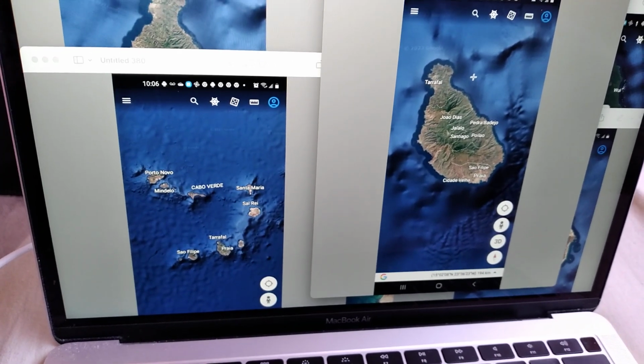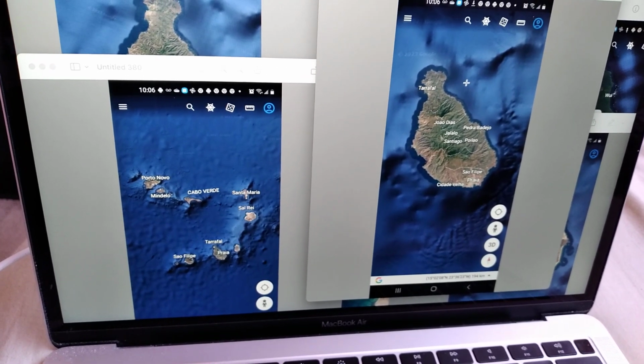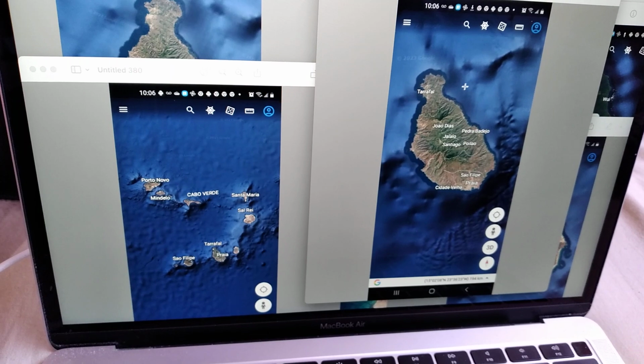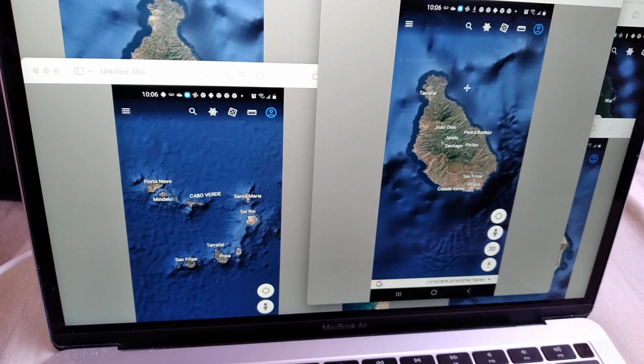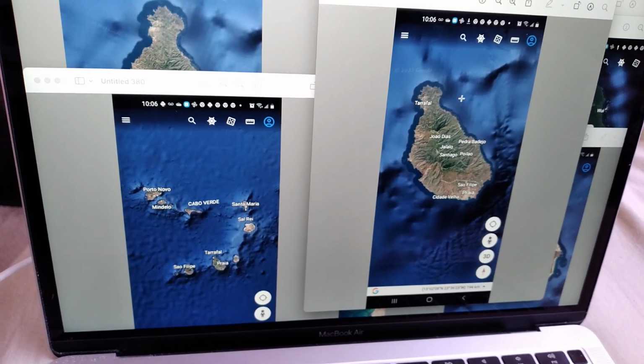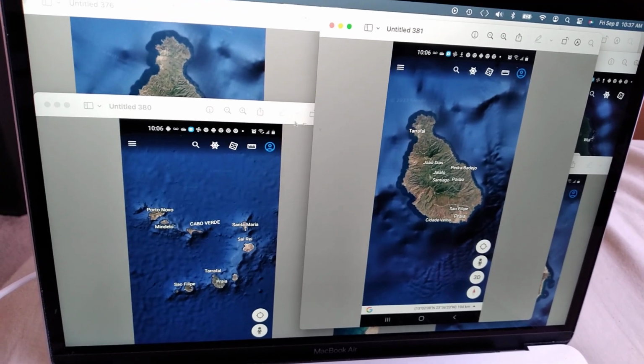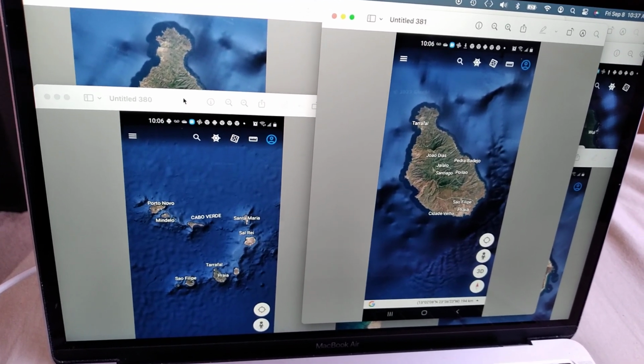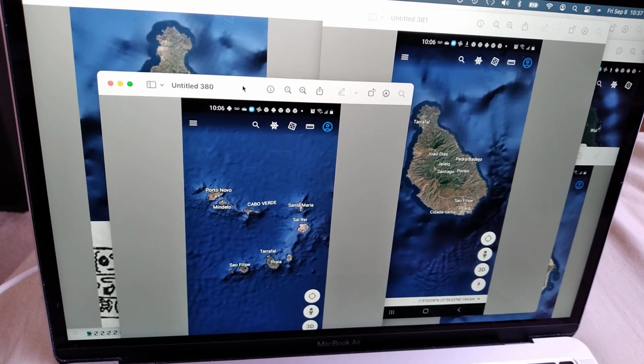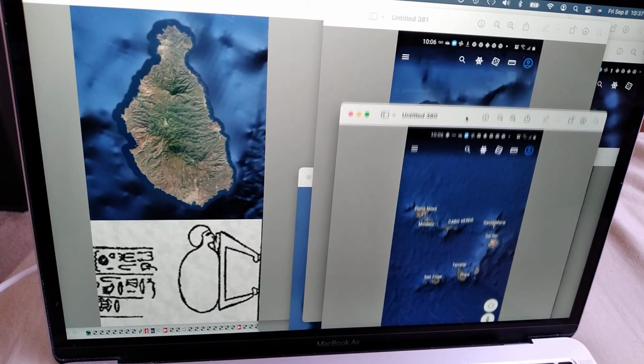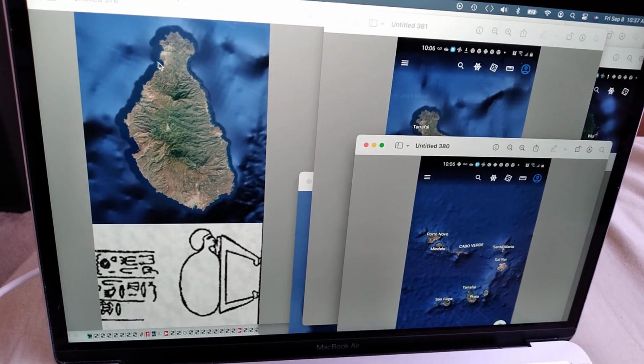So yeah, Tarrafal. I think maybe Tarrafal is the name of it. But I don't know. I wish Google Earth would be clearer about what's the name of the island and what's just names of towns. They're never very clear about that.